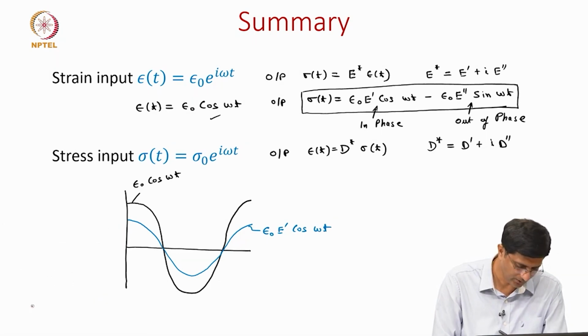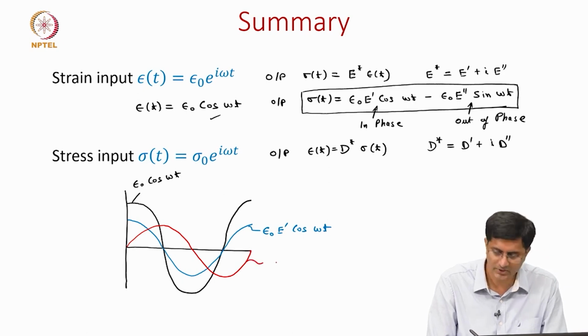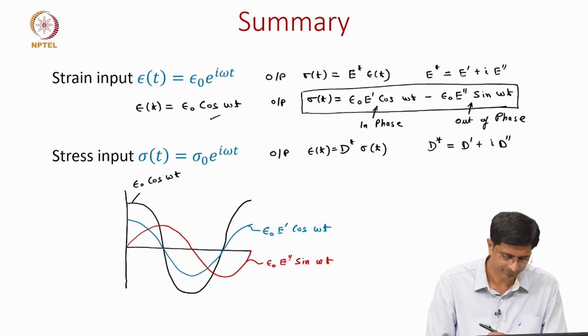Let us pick another color. So, this will be the second component, which is epsilon naught times E double dash sin omega t.